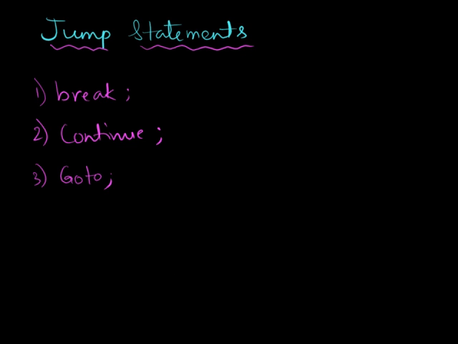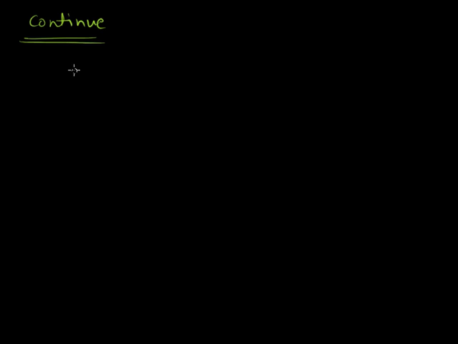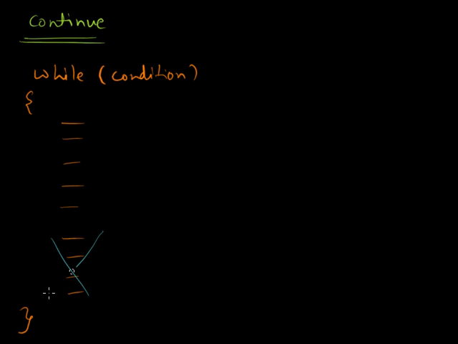Now let us look at continue. Let's say we have a while loop here, while, and there is a condition. And you have a lot of statements. What we have to do is that we don't want to execute some of these statements. So we can put a continue here.